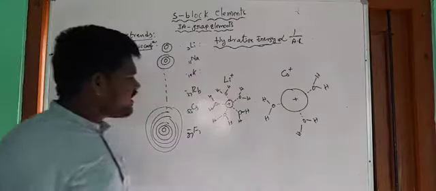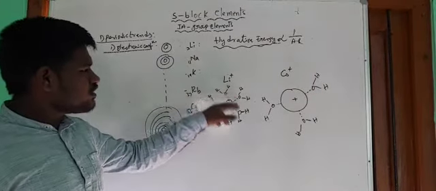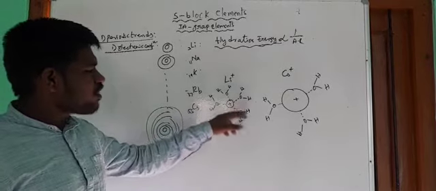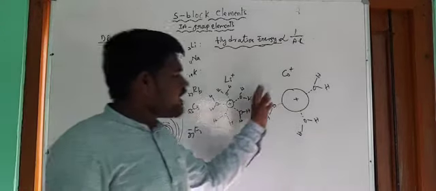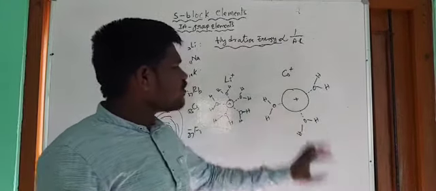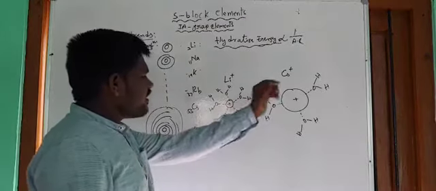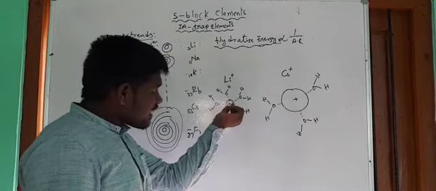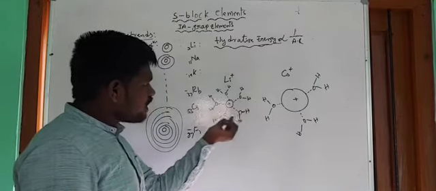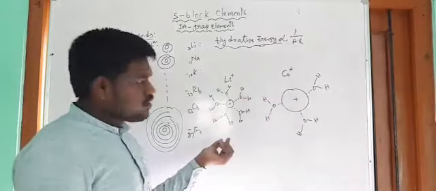So why is this ion coordinated by more water molecules, and why is this one coordinated by fewer? Due to their effective nuclear charge. Here, this positive charge attracts more of the negative parts of the water.